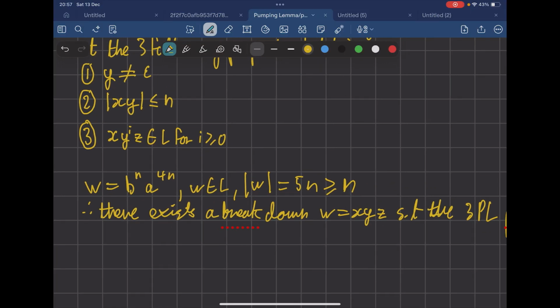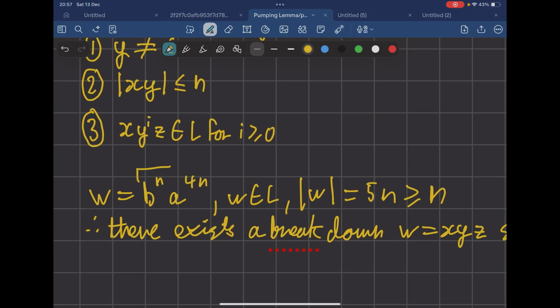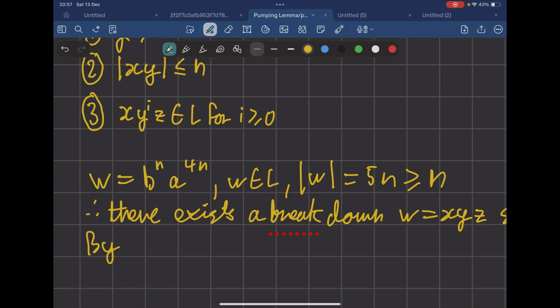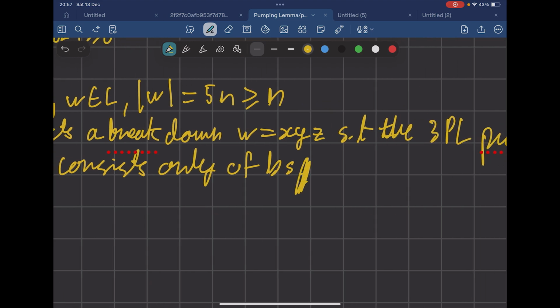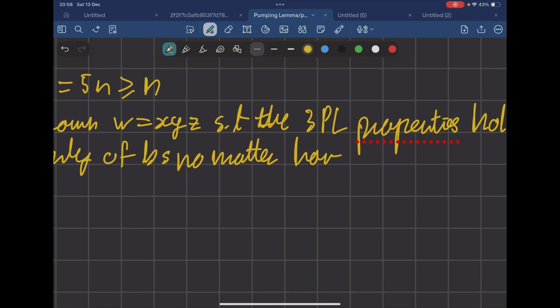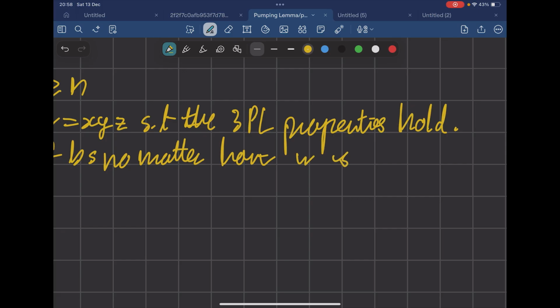Again, because the first n characters of the string are b's, and the length of xy can only be at most n, x and y can only contain b's. So by property 2, xy consists only of b's, no matter how w is broken down.